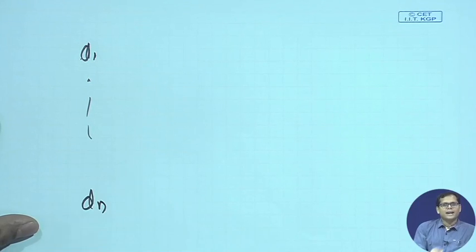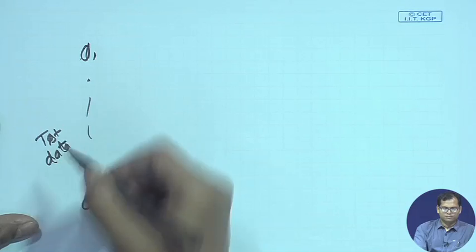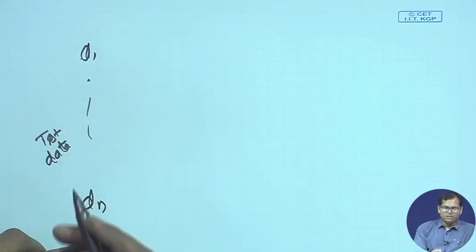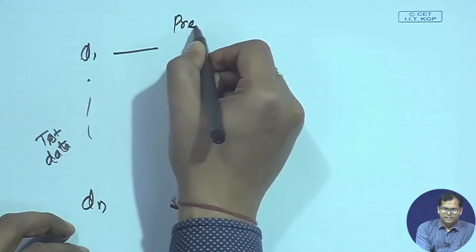In the test data you will have some documents, D1 to Dn. You will run your classifier for each of these n documents, and predict a class.